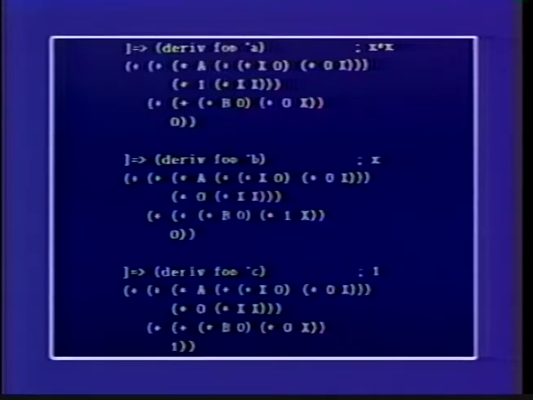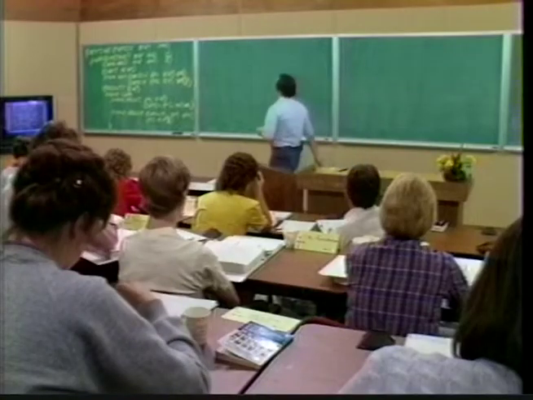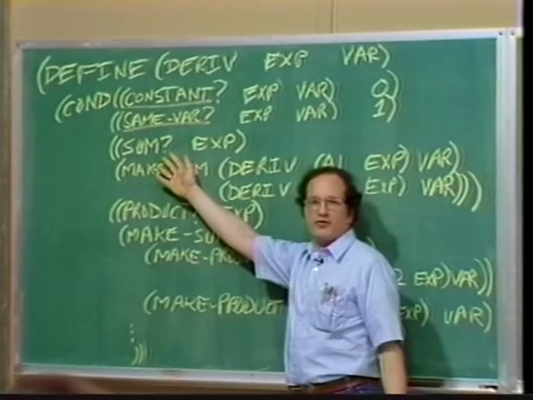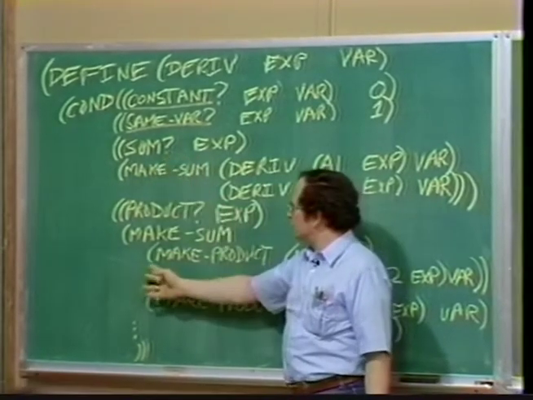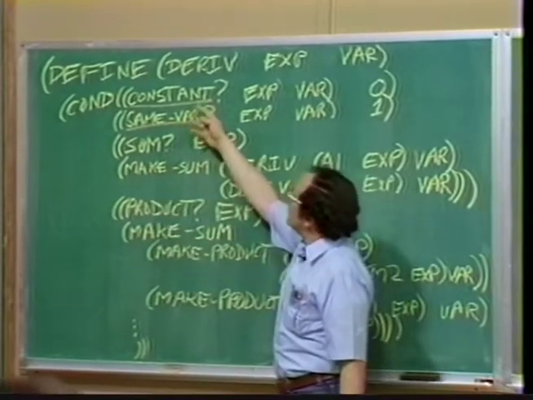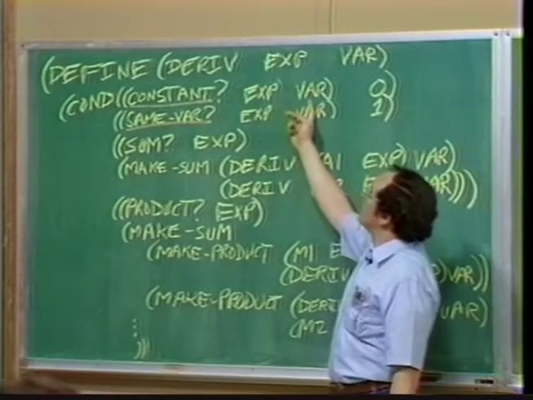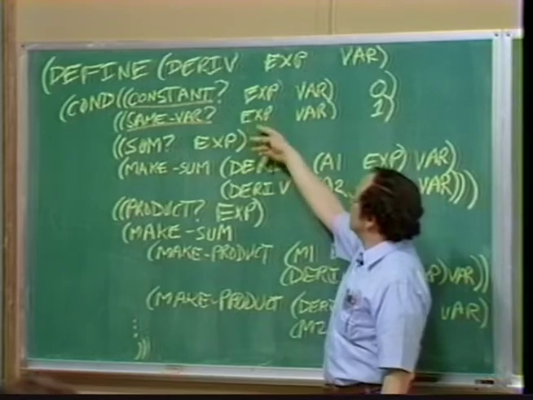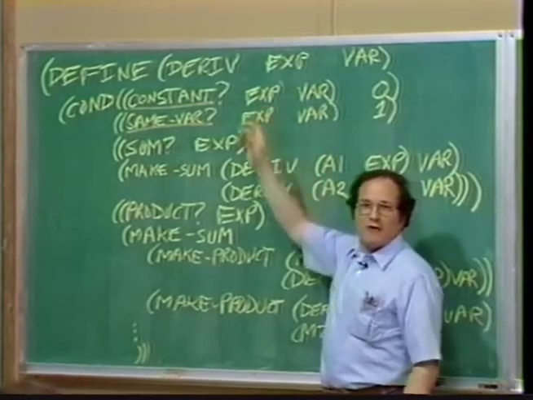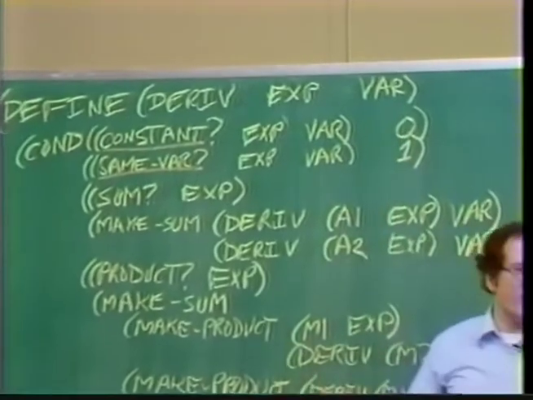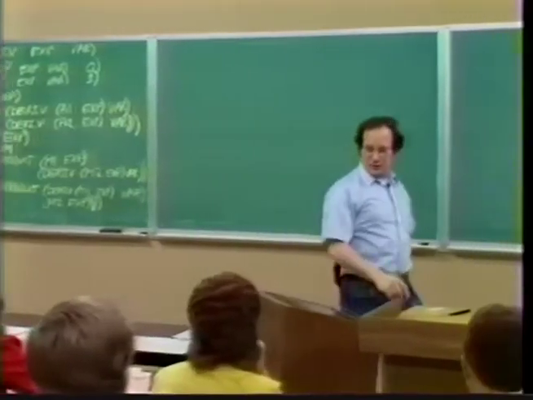In other words, if we go back to this blackboard, we have no choice what to do when we take the derivative of a sum or a product. The only interesting place here is the expression. Is the expression the variable, or is the expression a constant with respect to that variable, for very, very small expressions? In which case we get various ones and zeros, which if we go back to this slide, we can see.